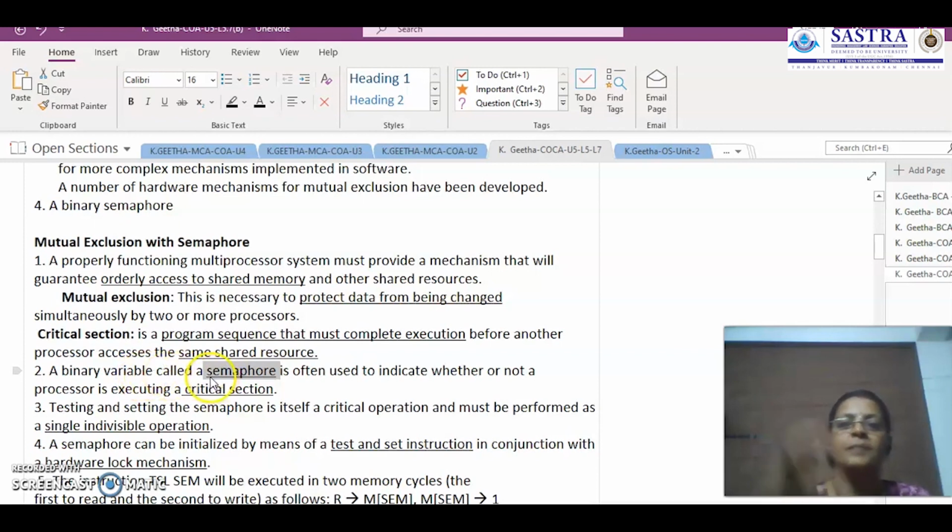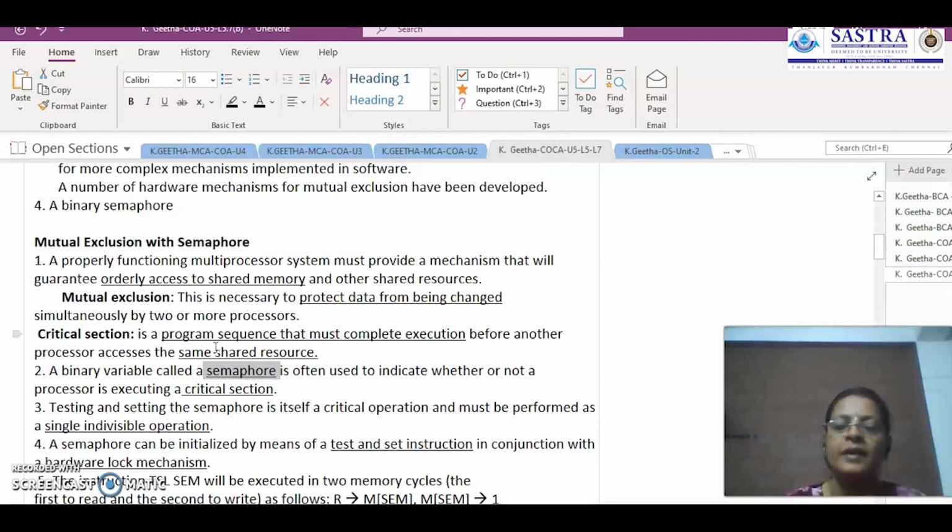Suppose I have only one resource and more than one process is competing for it. Based on some priority or scheduling manner, I decide this process can start using the resource. Once a process starts to use a resource, it has to lock the resource. Only if it is locked can it prevent other processes from entering. That lock is nothing but a semaphore, which is a binary variable.